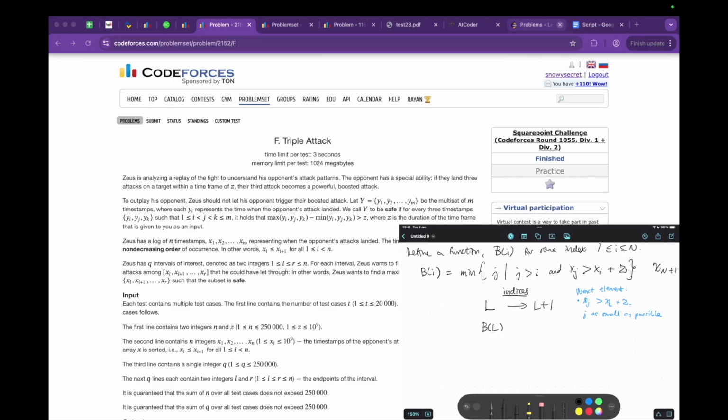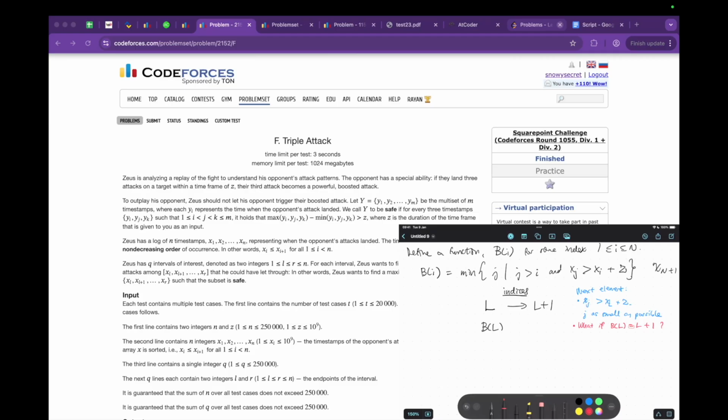However, there is a slight problem here. What if BL is equal to L plus 1? Then that means we're actually deciding that the third element of this sequence should be L plus 1, but then this multiset cannot contain elements with the same indices.